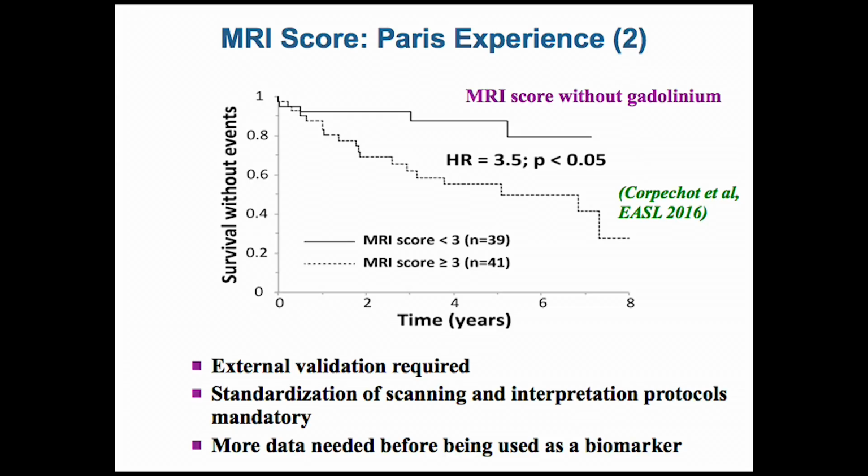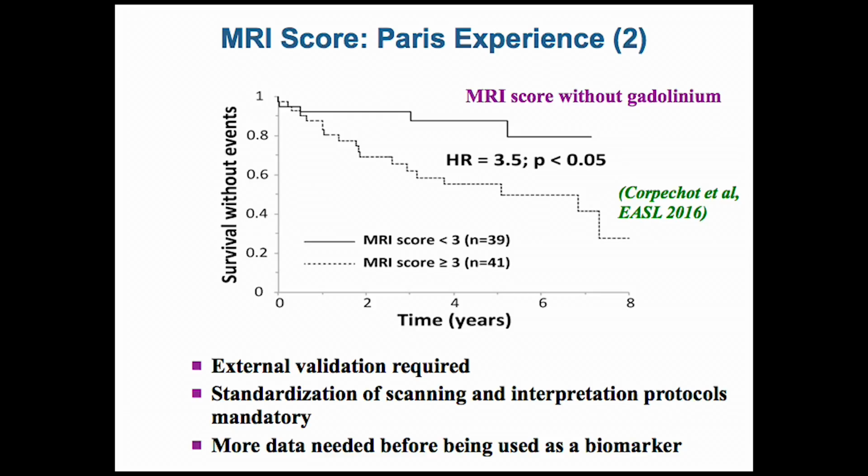But of course, the main question, does it translate into clinical events? And then we studied another cohort of 80 patients, and as shown here, the answer was yes. Patients with a high MRI score did worse than patients with a relatively low MRI score.